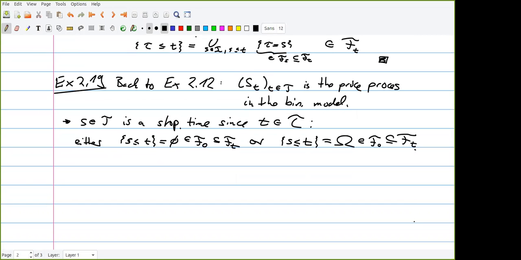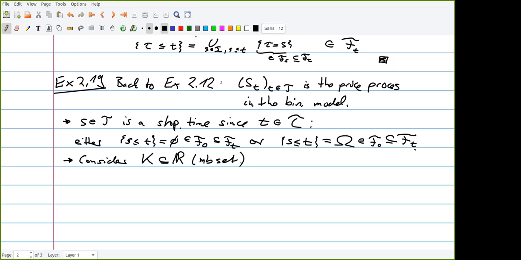All right, now let's consider a more interesting example, our limit order strategy. We could take a general set K, and we want this to be a measurable set.